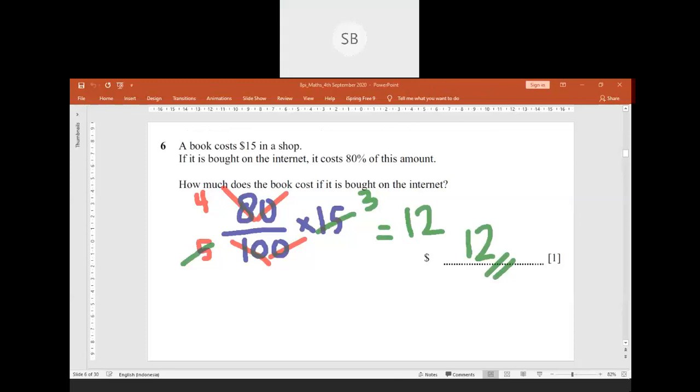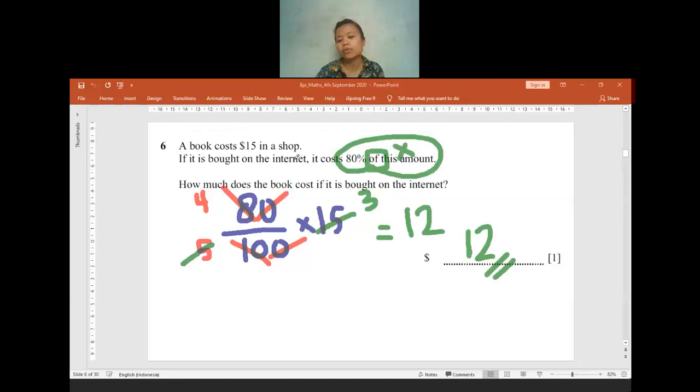I'm still confused, teacher. Which part is still confusing for you? In here we have 80% of this amount. Of means times. If you get confused whenever you have a percentage or fraction and then you have the letter of, it means times.